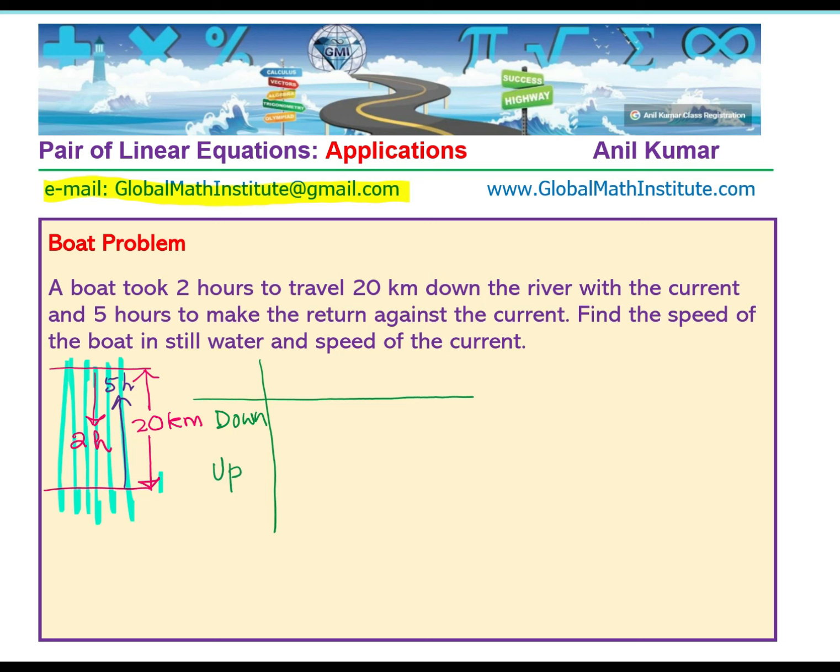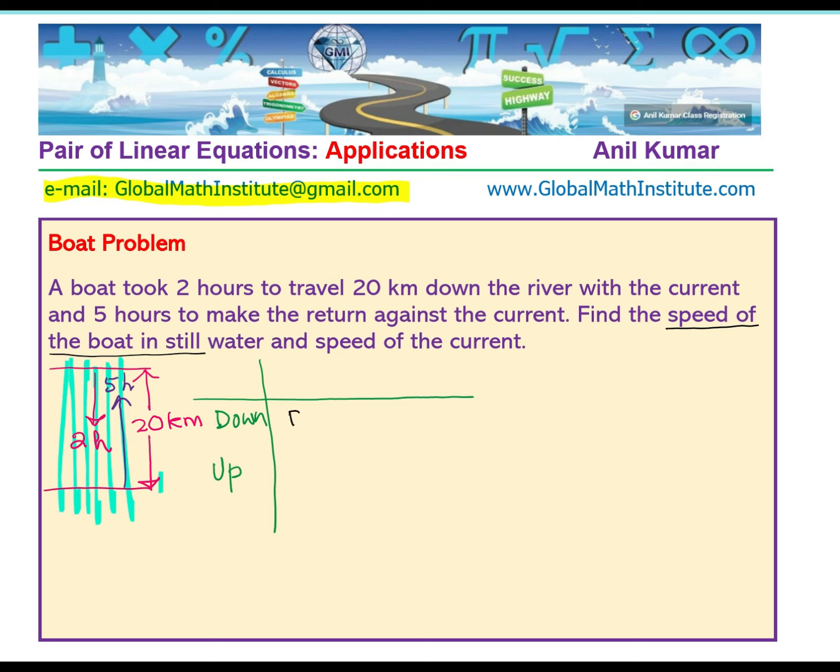While the boat is going down, the speed of the boat and that of the current add up. So let's define the variables: speed of the boat in still water and speed of the current. Let's say b for boat and c for current.